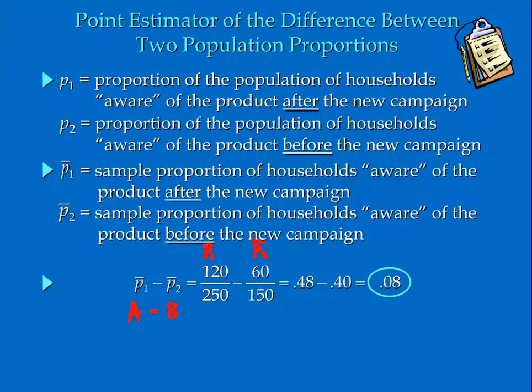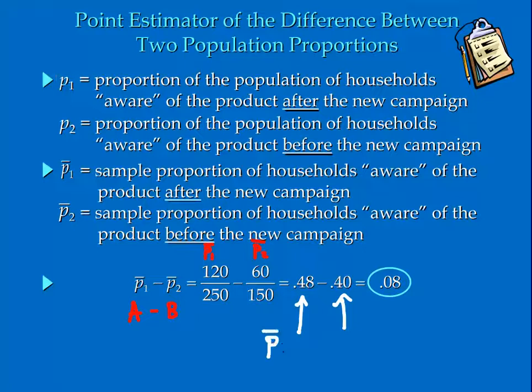Now that's a bit of calculator work. 120 divided by 250 gives us an answer of 0.48. And 60 divided by 150 is 0.40.